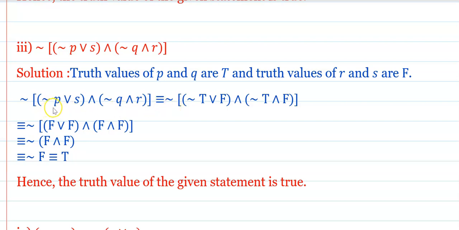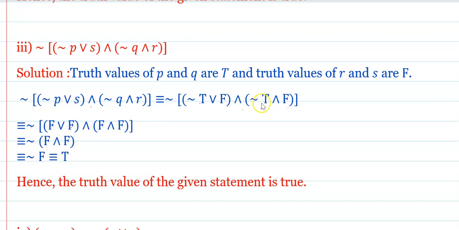The truth value of P is true, so it is negation of T, or truth value of S is F here. Next, the truth value of Q is true, that is negation of T, and R means its truth value is F. Negation of T is F. F or F is F.